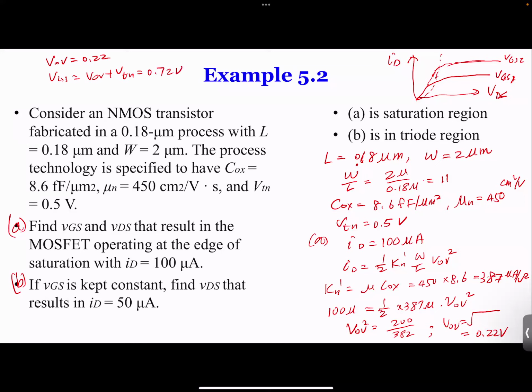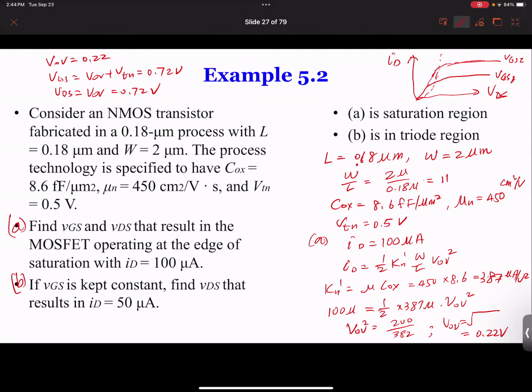And also we said at the boundary, VDS is equal to VOV. Oh no, I'm sorry, this is a mistake. VOV is 0.22, so VDS is 0.22 volts. Okay, so that's what is given.